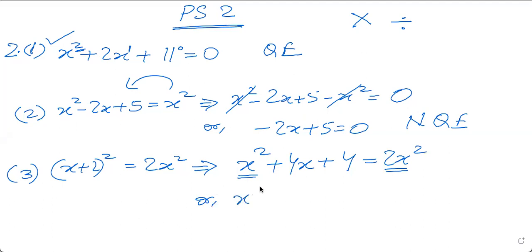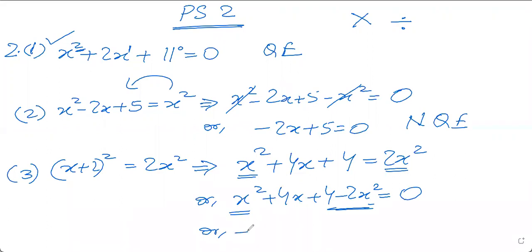So this becomes x square plus 4x plus 4 minus 2x square equals to 0. 1 x square minus 2 x square means this is minus x square plus 4x plus 4 equals to 0. Tell me, what is the highest power? What is the degree?